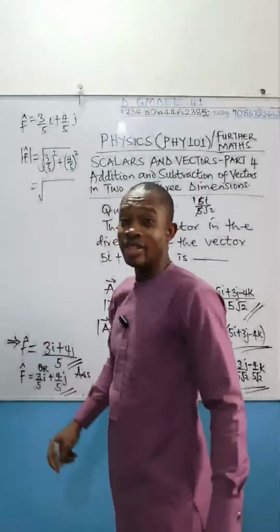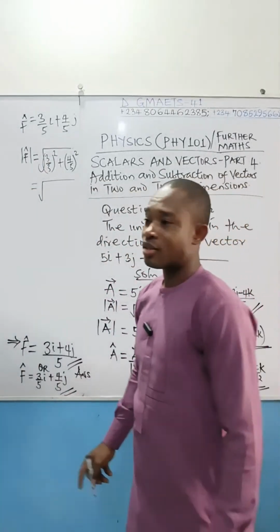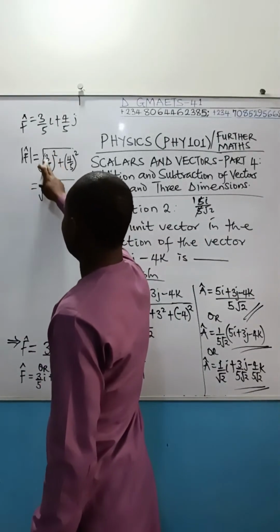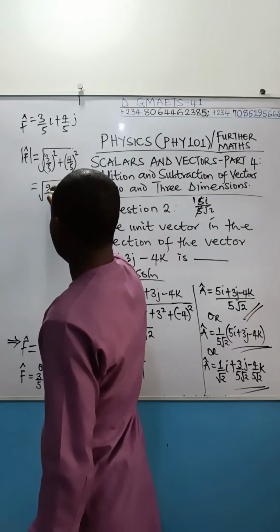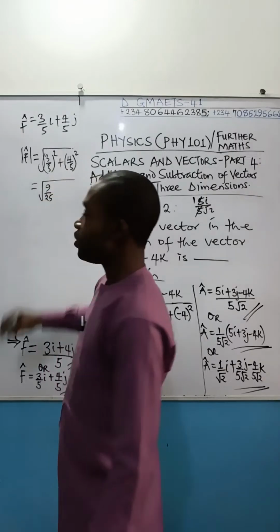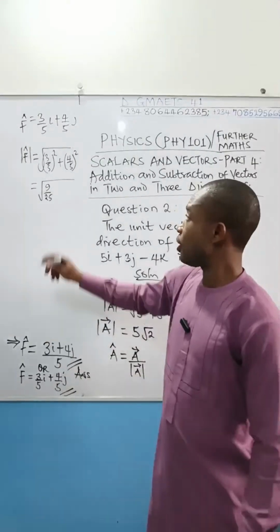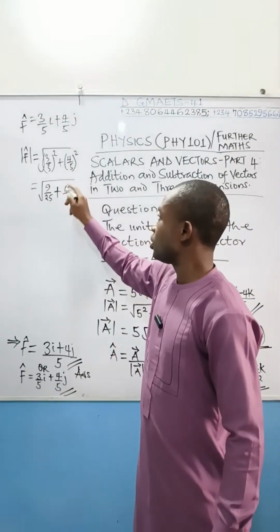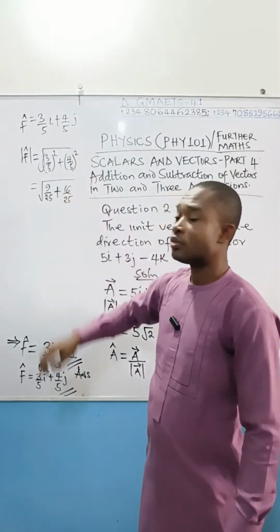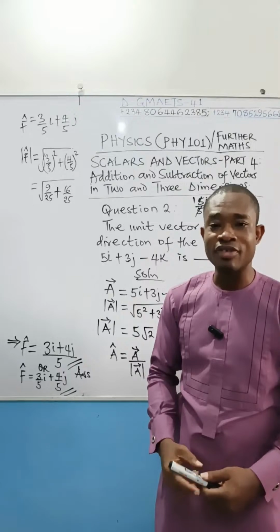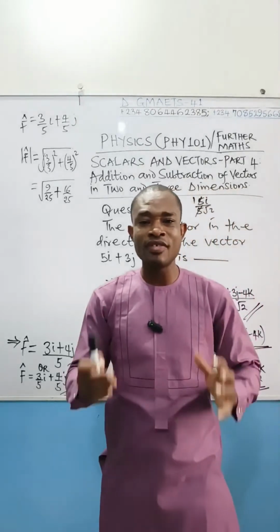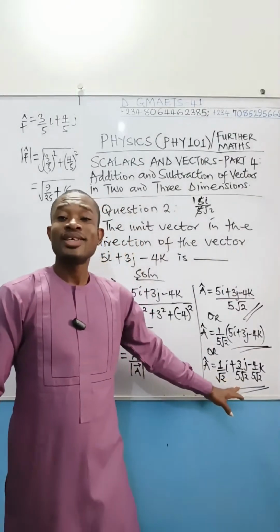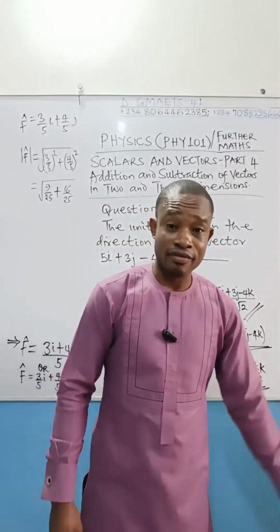From our indices class in mathematics, you know that this square will be distributed to these terms that are being divided. 3 raised to power 2 will give you 9, 5 raised to power 2 will give you 25, plus 4 squared will give you 16, 5 squared will give you 25. Remember what we are trying to do: prove that truly the magnitude of a unit vector is equal to 1. If I do this one, please go ahead and do it for the other one. It's still the same procedure. Don't mind the numbers you have there.